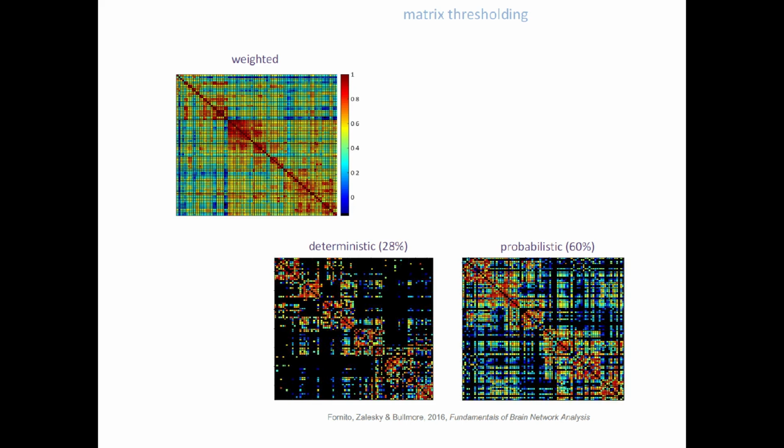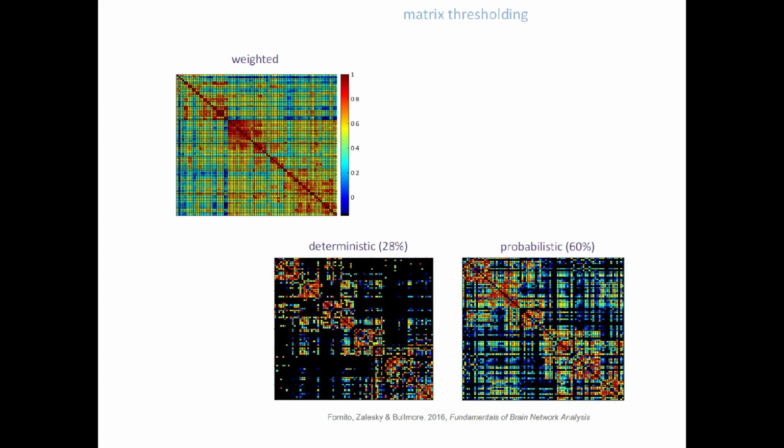Now some methods that we use to measure brain connectivity come with their own intrinsic threshold. So if I measure connectivity using a deterministic tractography algorithm, as I said, these are less prone to false positives but are also susceptible to false negatives. And for a given person, I might end up with a network with 28% connection density, so 28% of all possible edges.